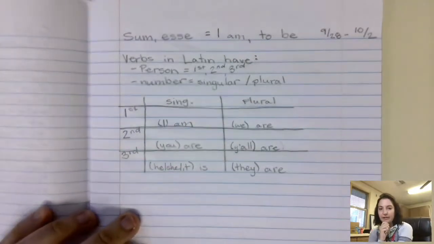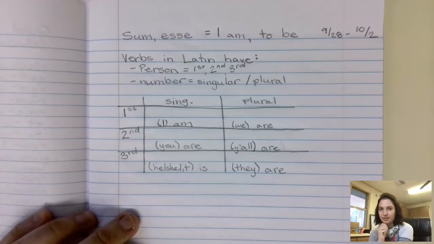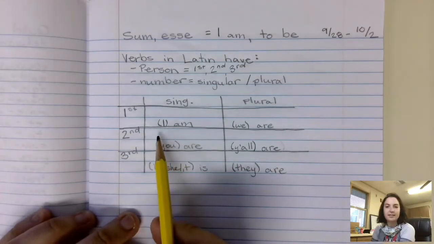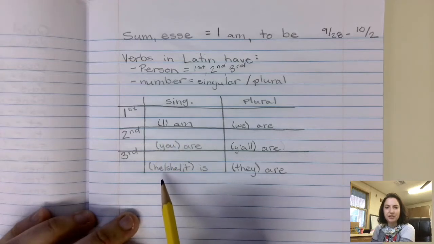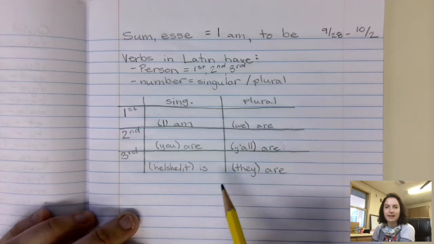Notice I have all the subjects in parentheses because I is not a verb. It's a noun, a pronoun. So I, you, he, she, or it, we, y'all, and they are all the subject of the verb. In English, we have to state a subject. If I just said am or are, it doesn't mean anything. I have to say you are or I am.